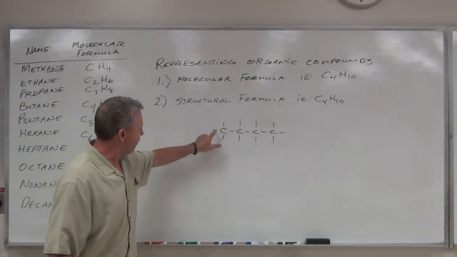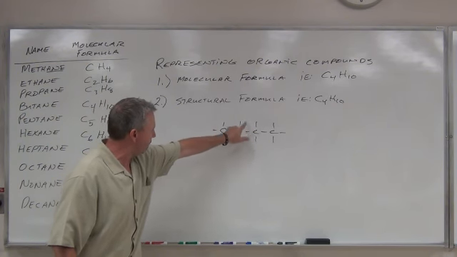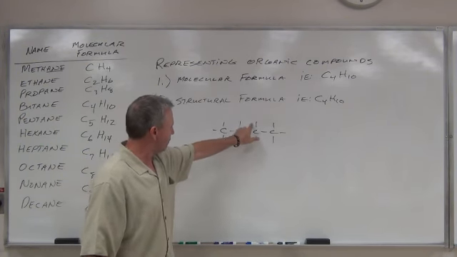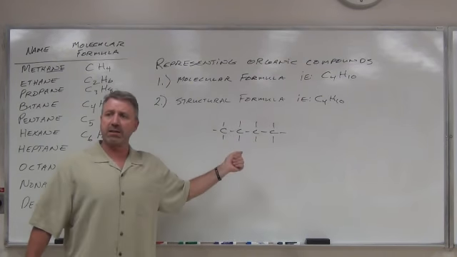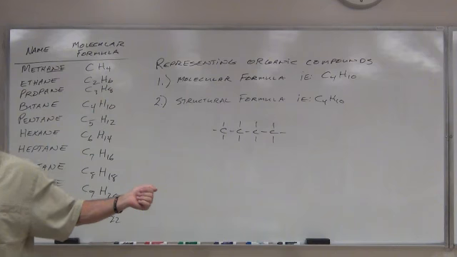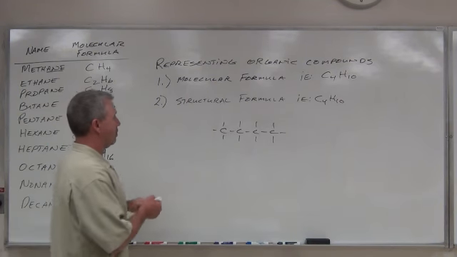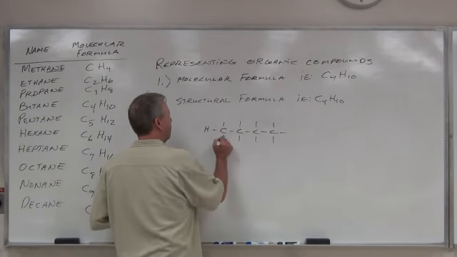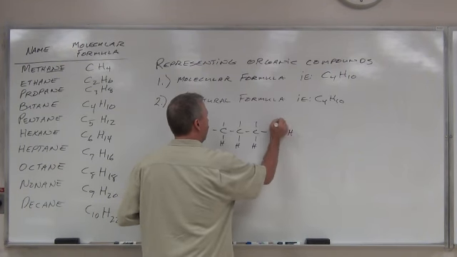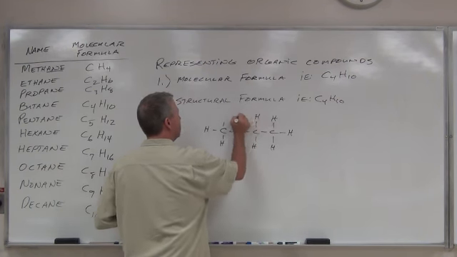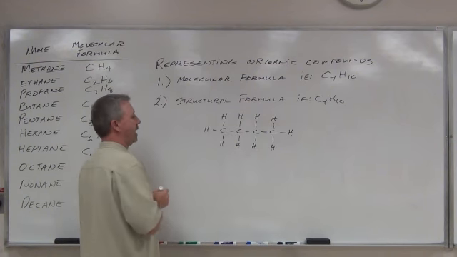1, 2, 3, 4, this carbon. 1, 2, 3, 4, this one. 1, 2, 3, 4, this one. 1, 2, 3, 4. So all of these carbons have 4 bonds, and they're all single bonds. We're simply going to fill in our bonds with hydrogens.